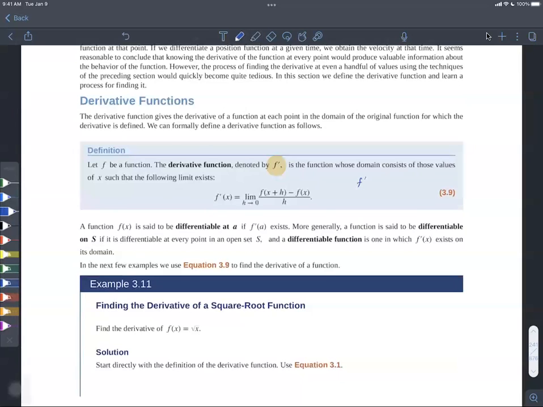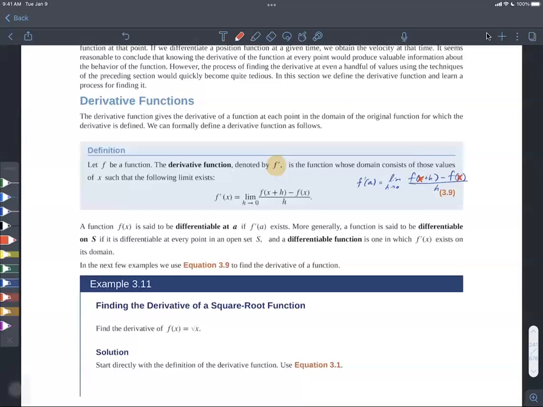So f prime of a, before in section 3.1, was the limit as h approaches 0 of f of a plus h minus f of a, divided by h. So now instead of plugging in a specific value a, we're just going to leave this as the variable x.